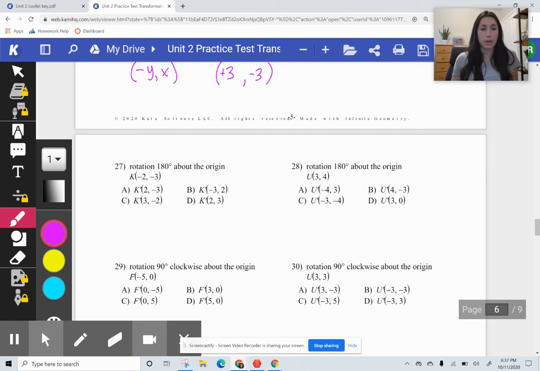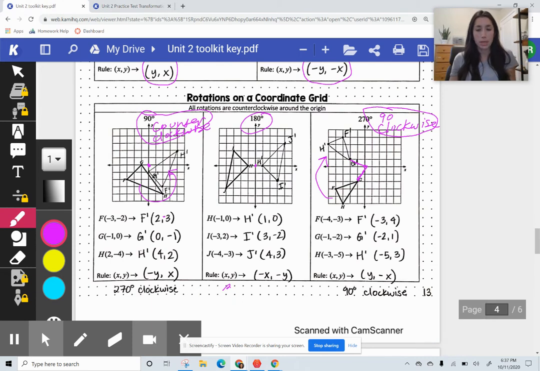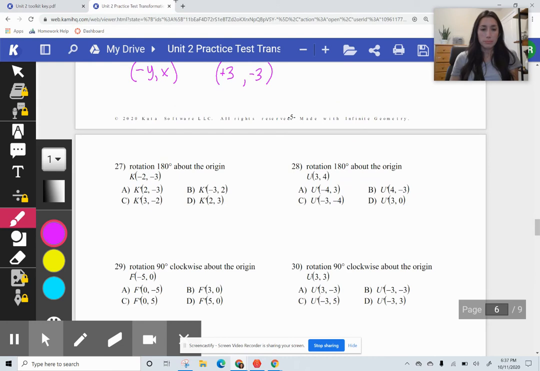All right, now we've got a rotation of 180. Let's go back to our toolkit. It looks like it's negative y comma negative x. There you go, negative y comma negative x. All right, so I'm going to rewrite this.